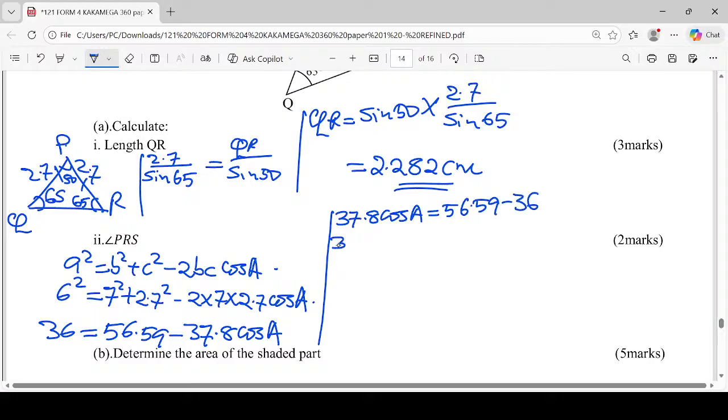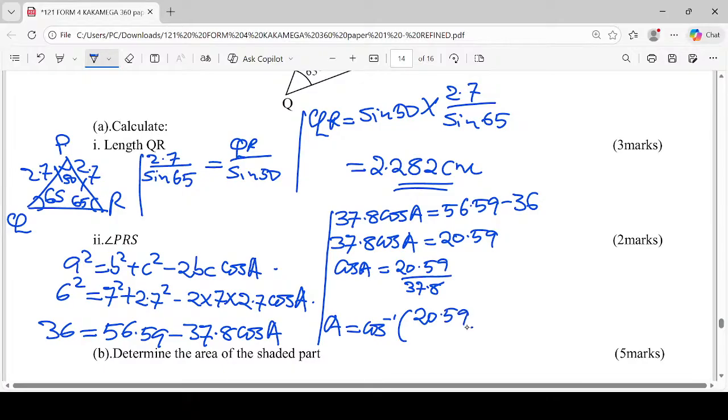So that is 37.8 cos A being equal to 56.59 minus 36, that becomes 20.59. So this means that cos A is 20.59 over 37.8.